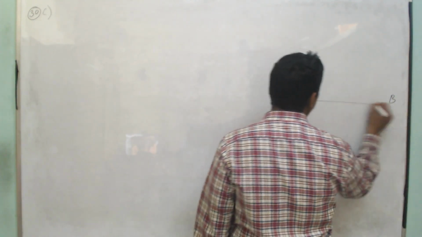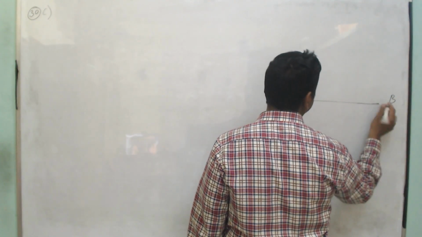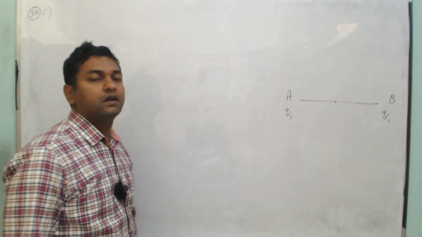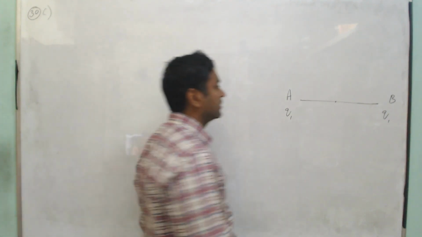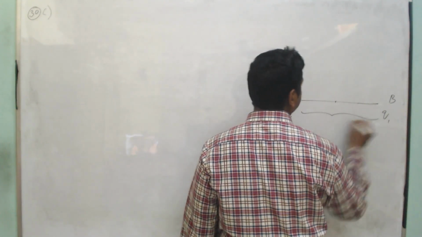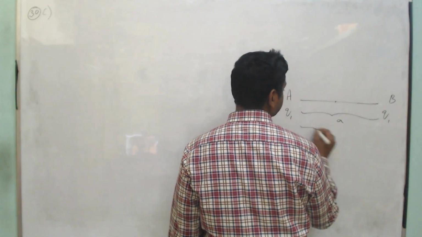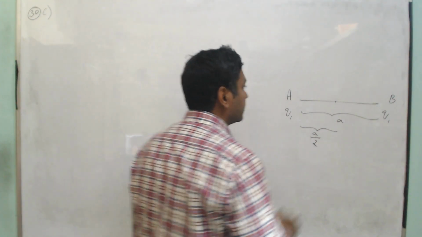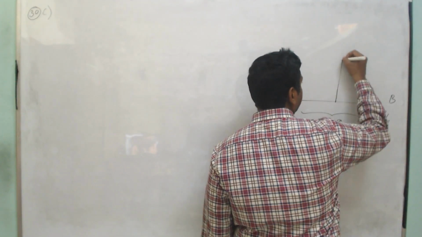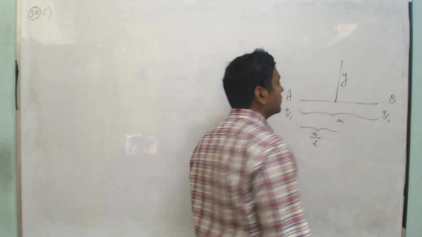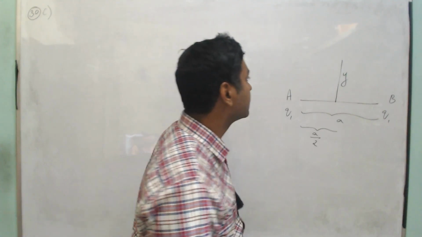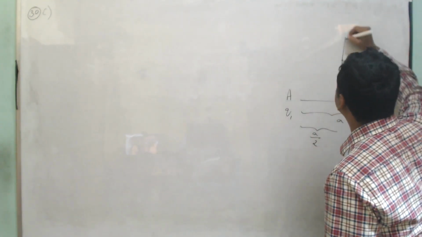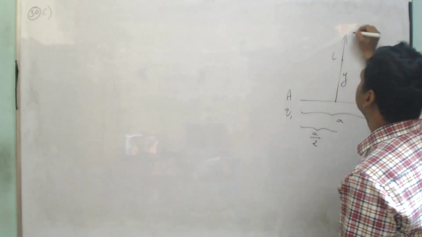Now we know that because the charges are same, the null point will also be at the center, right? If the entire distance between AB is A, then the distance between A and the null point is going to be A by 2. Now at a distance of Y above the null point, we said there is a point C where there is net electric field.